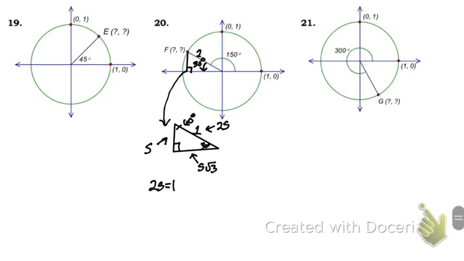Which means if I divide both sides by 2, we have S equals 1/2. Well, that would mean our S square root of 3, replacing that S with a 1/2, would be 1/2 times square root of 3, which would be nicer to write as square root of 3 over 2.